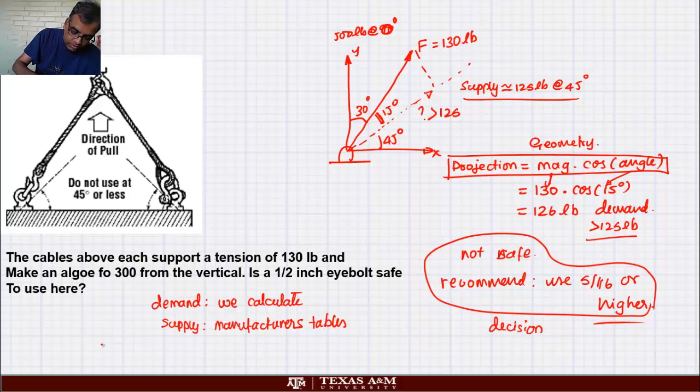So before we go, there are two items that I want to mention. The first one is the following. Supply minus demand is called safety margin.